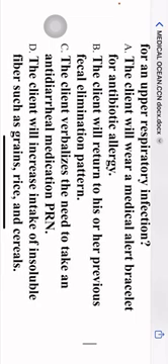The client verbalizes the need to take an antidiarrheal medication PRN. The client will increase intake of insoluble fibers such as grain, rice, and cereals. Which one of the following is the correct option? Option B is the correct option. The client will return to his or her previous fecal elimination patterns.